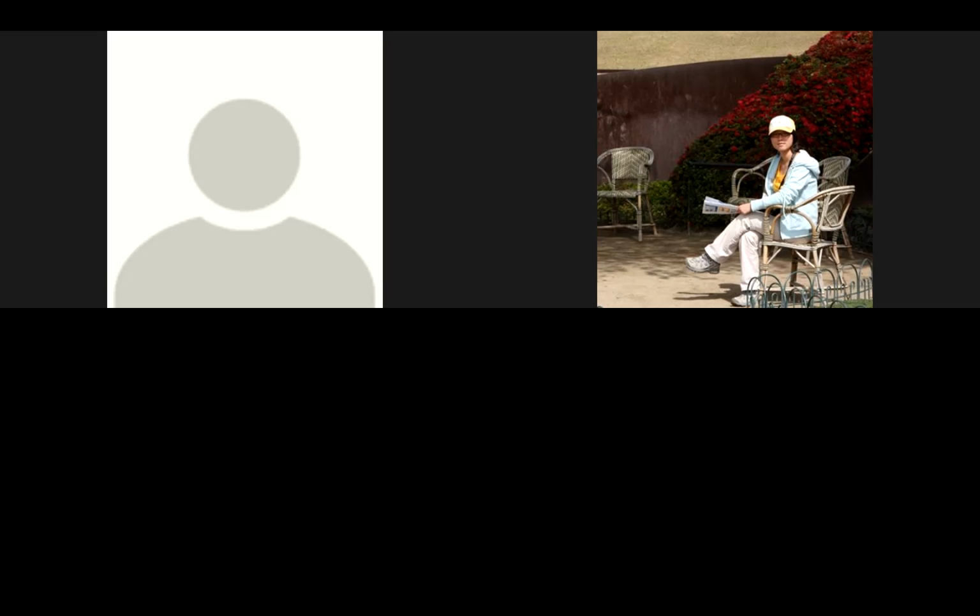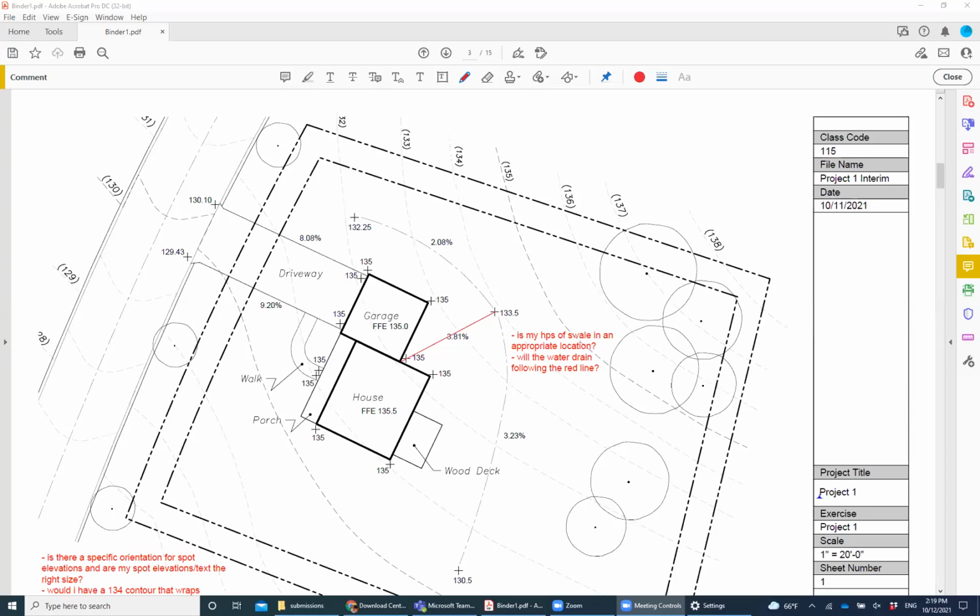Yes, I did. Okay. So where should spots go? Thank you for reminding me. Okay, screen sharing. Recording. Okay, everything is in place.